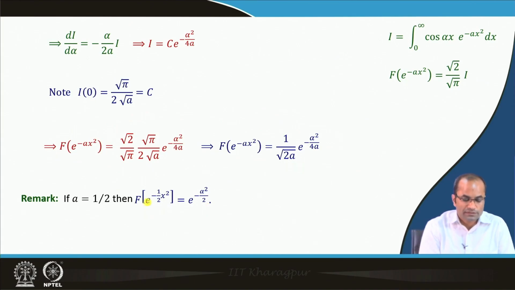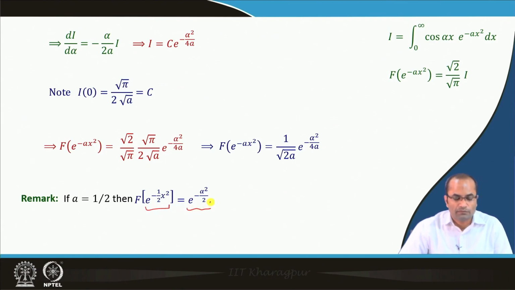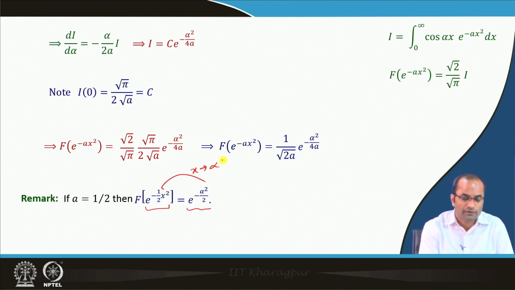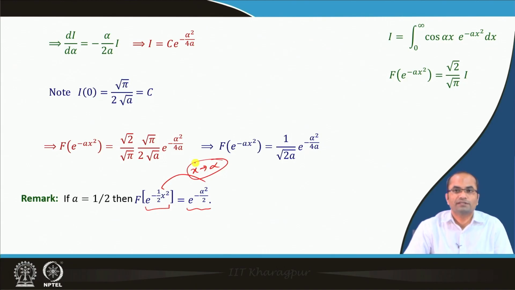So, what is interesting here is that the Fourier transform of e power minus x square by 2 is e power again minus alpha square by 2, only x is replaced with alpha, that is the only difference, but we have the same function.